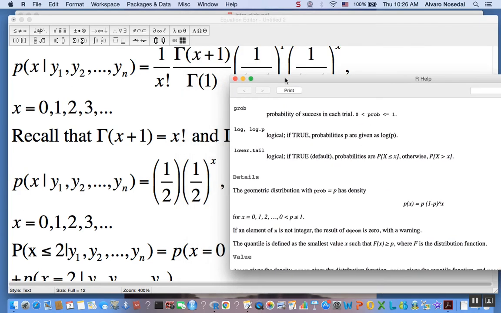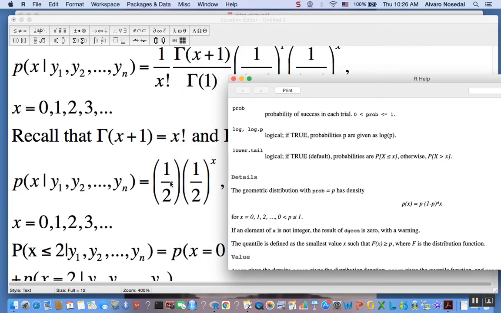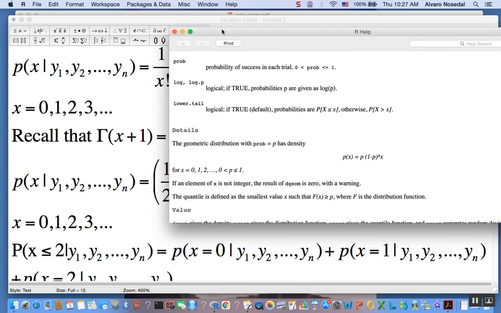P times 1 minus p: 1/2, and then we have 1 minus 1/2, that's 1/2, right? To the power x. So it turns out that that's the expression used in R for a geometric random variable. But again, note that the interpretation of x is the number of failures until you observe your first success.